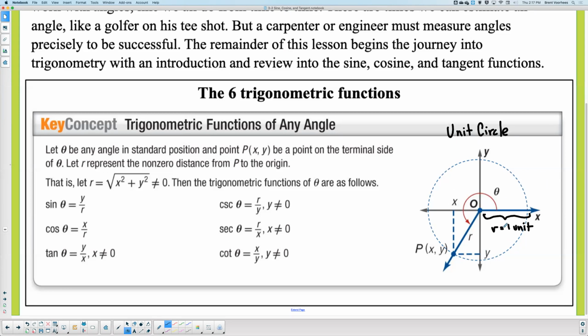Now, if that's the case, if r equals 1, come over here. Tell me, what could I reduce sine to be if r was 1? So sine will be y on the unit circle. What is cosine going to be if r is 1? Sine is y, cos is x, tangent will be, does that have an r?